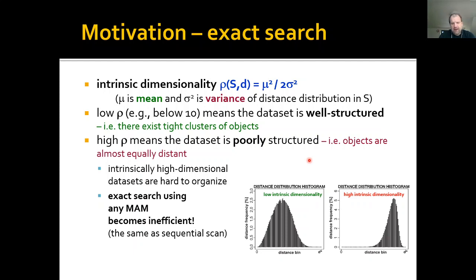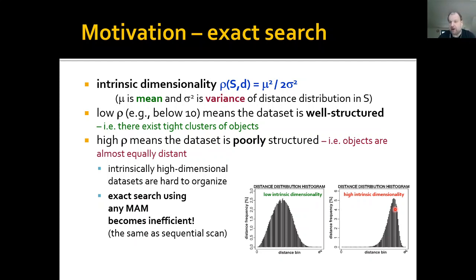But what is it good for? Well, the main message is, if we have intrinsic dimensionality that is very large, let's say above 10, then we have a sign that no exact indexing, regardless of the metric index, will work for fast search. Because of the triangles and the distances that are too large, no matter the design of the metric index, be it hashed, hierarchical, whatever, the data is just too unclustered.